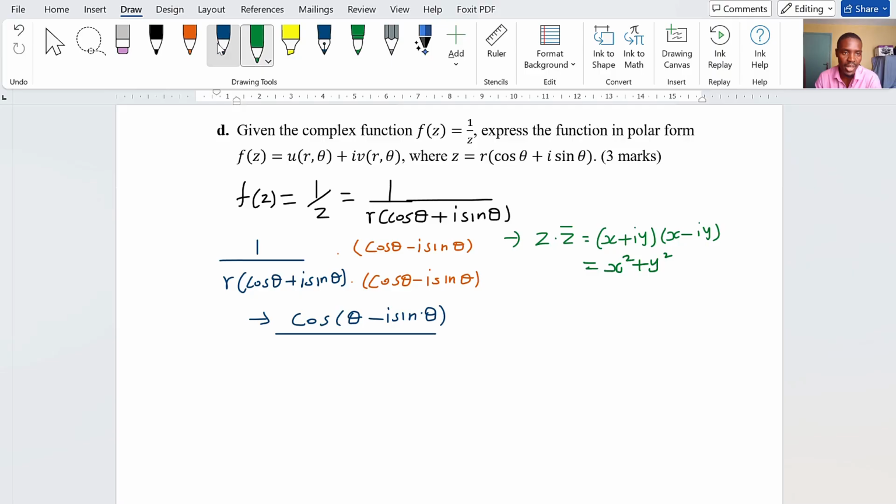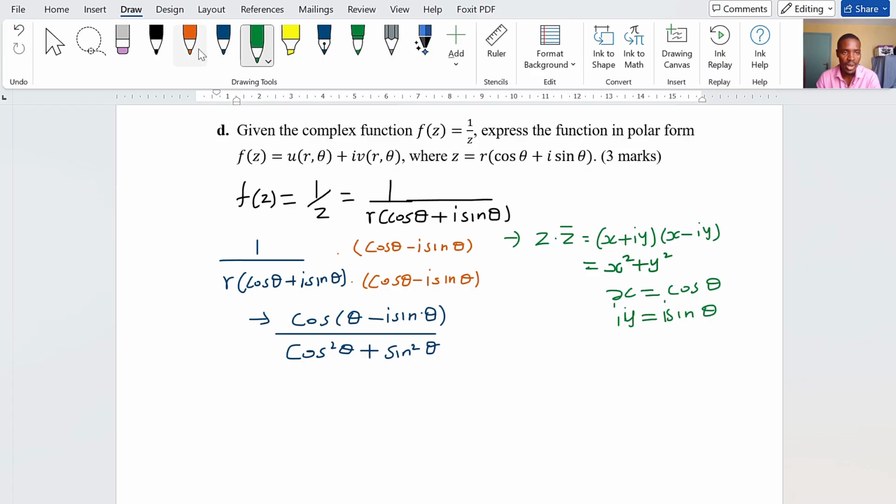Now, the same thing we can apply. Cos theta plus i sine theta will be cos squared theta plus sine squared theta. I think you are seeing directly here that our x is cos theta and our y is sine theta. Or if you like, iy is i sine theta. So that's good.